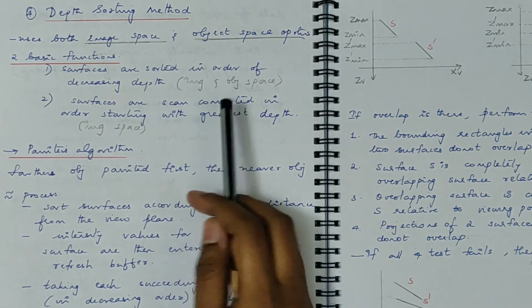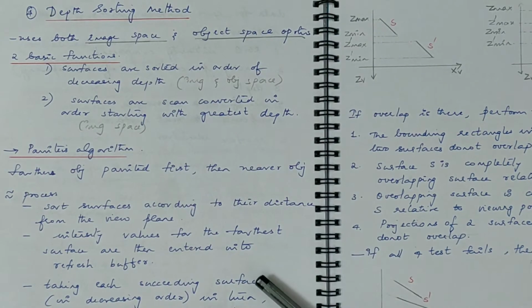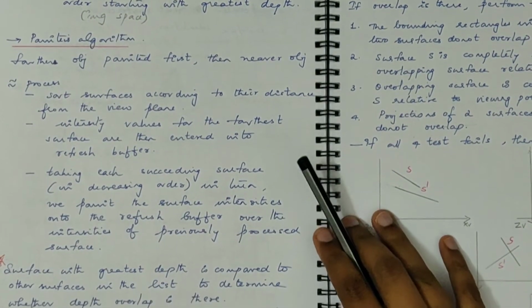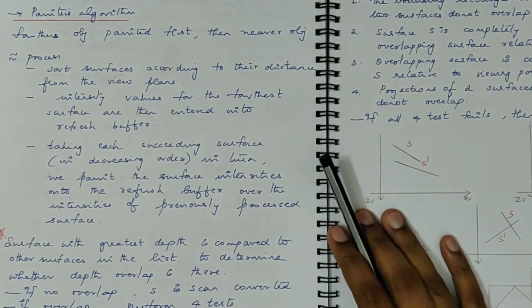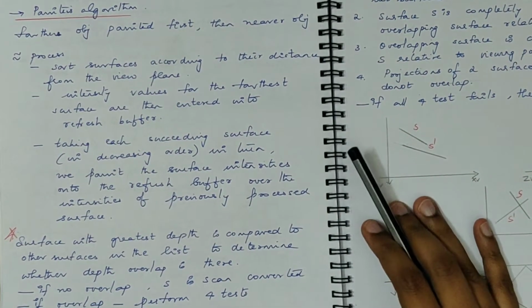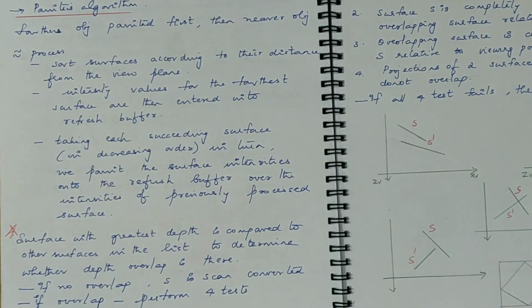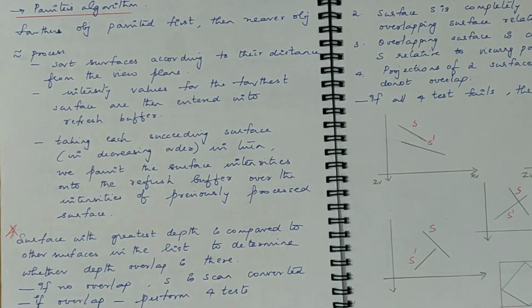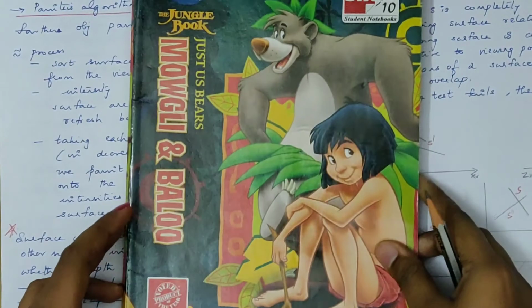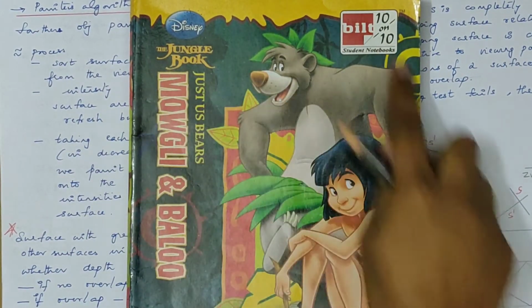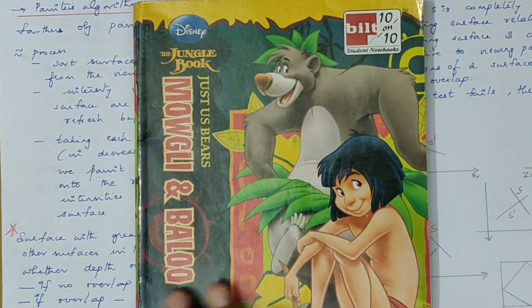This depth sorting method is also termed the painter's algorithm, because the operation that you are doing in the depth sorting method is similar to how you would paint a scenery. Say, for example, if you have a scenery like this, normally what you do is the farther objects are painted first, right?